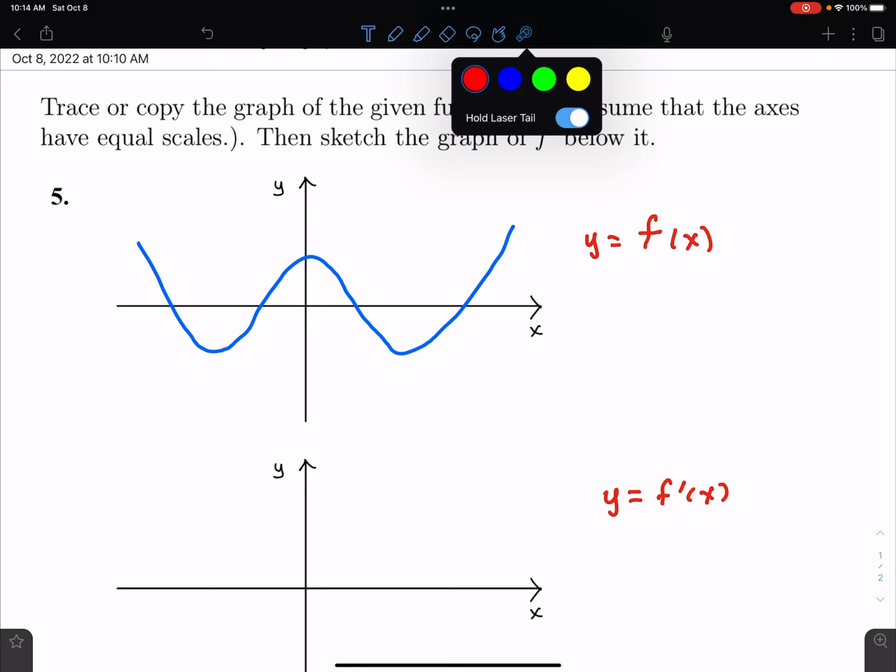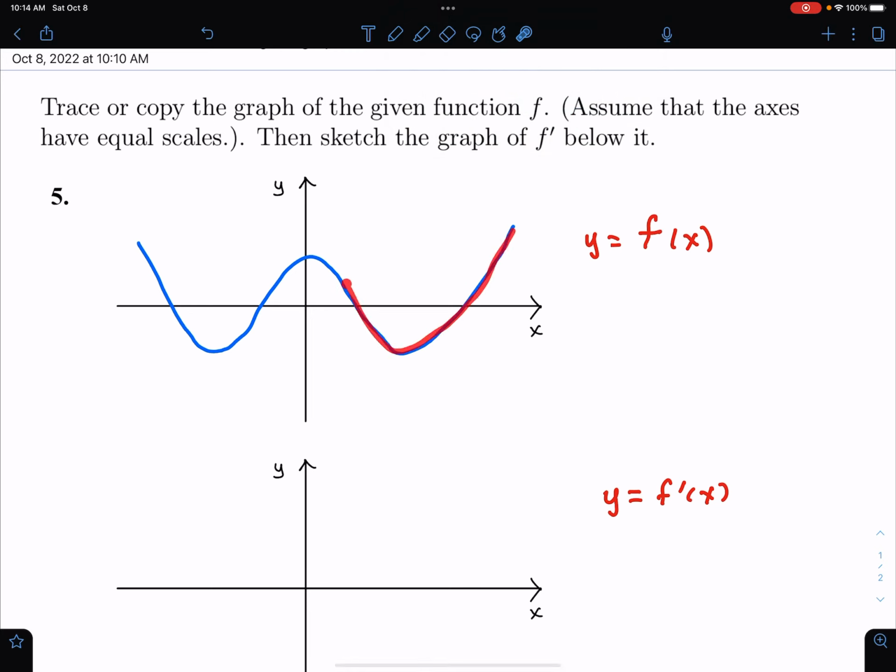So the graph of f is given by this blue curve, tracing over in red. Each point on the graph has an x-coordinate and a y-coordinate. There is another number that we can associate with this point, which is the slope of the tangent line.